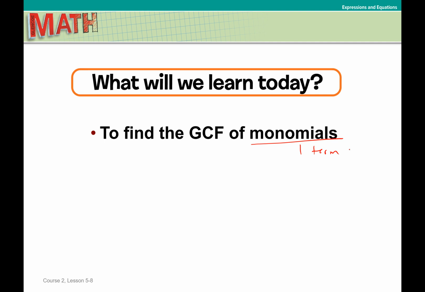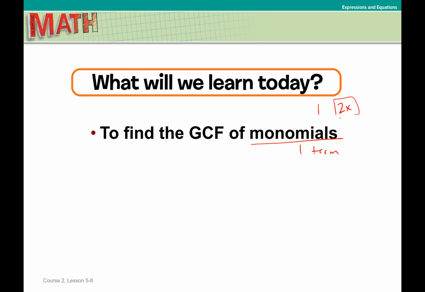Okay, so in the expressions that we've been dealing with, we have been using different vocabulary words to deal with different parts of the algebraic expressions. A term, remember, is either a constant, just a number, or a coefficient and a variable.